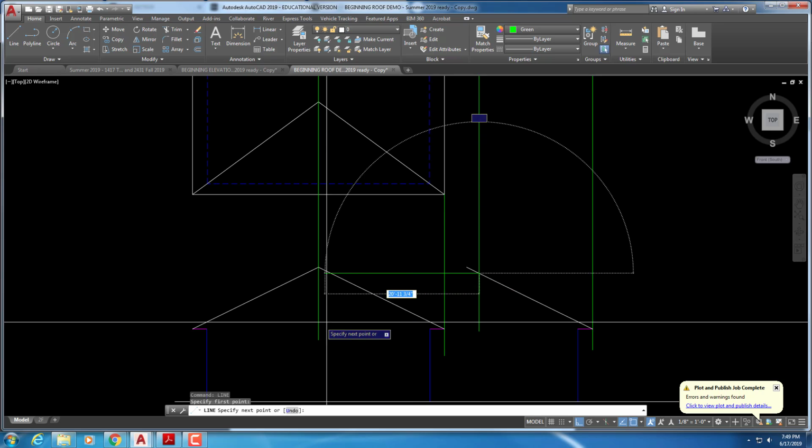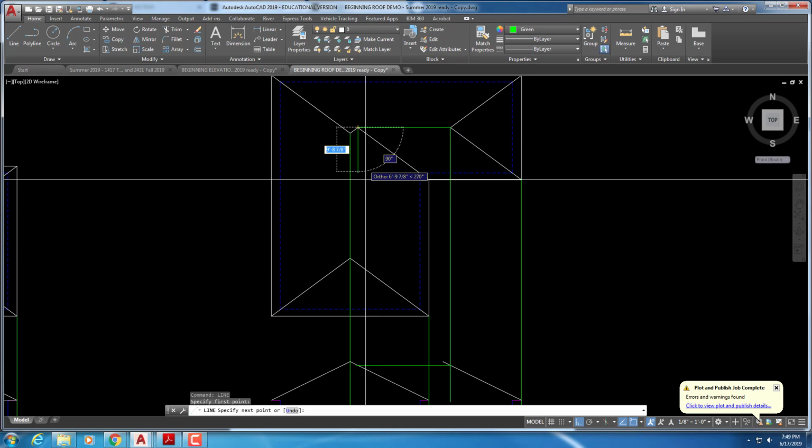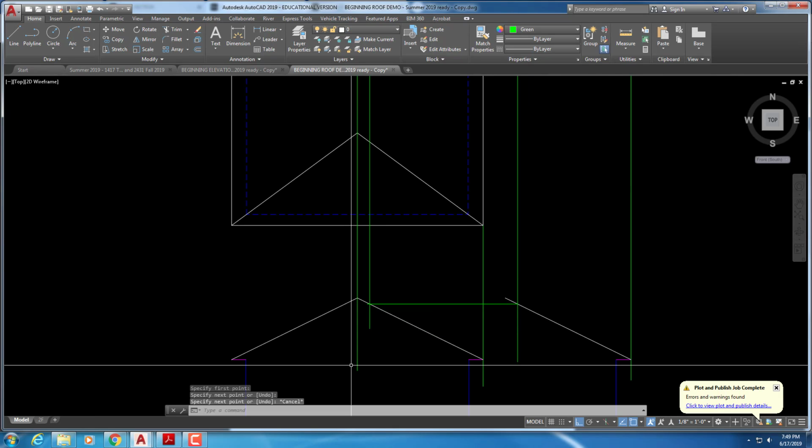And this comes across, and if I drew that correctly where that cross is there, this should align with this point in the roof plan. So they are coordinated with each other, but the actual roof pitch in the elevation has nothing to do with the roof angle on the roof plan, other than the fact that it's in a ratio.